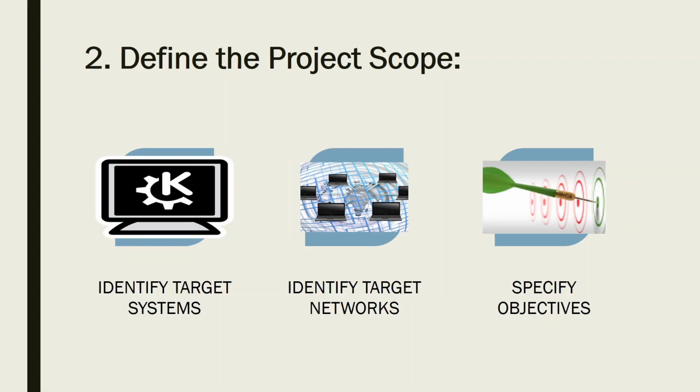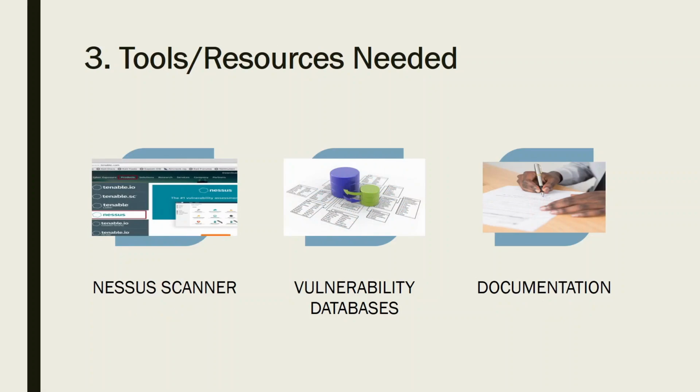When you've done that, the next thing you do is to get the tools and resources needed. Already we talked about Nessus Essentials, which is your Nessus scanner, the number one tool. Then you have vulnerability databases. Why do you need databases? When Nessus identifies vulnerabilities for you, you're able to go to vulnerability databases and check out what kind of vulnerabilities those are and how to remediate them.